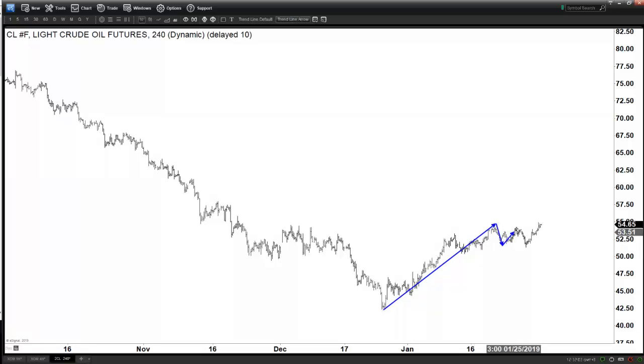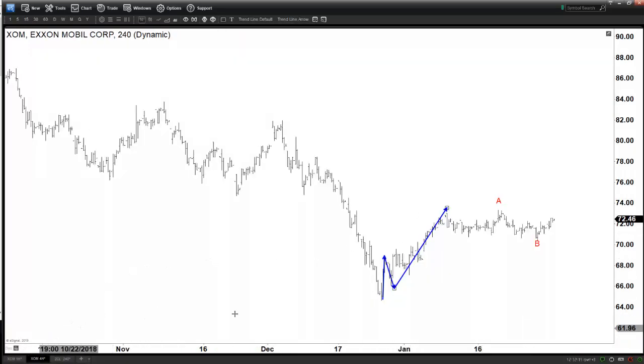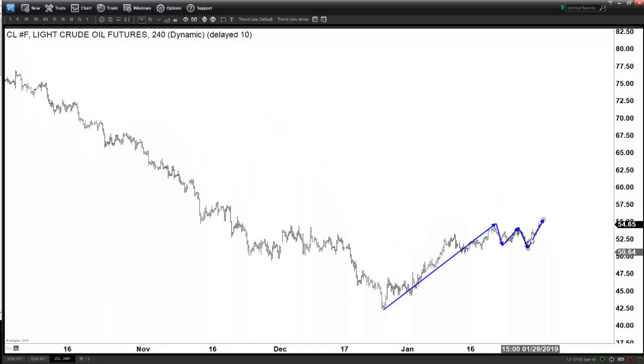It has a 3 waves pullback, but oil has already broken above the previous peak. So in other words, the underlying product of this company, Exxon Mobil, has already sort of led the way and broke above the previous peak and started the next leg.